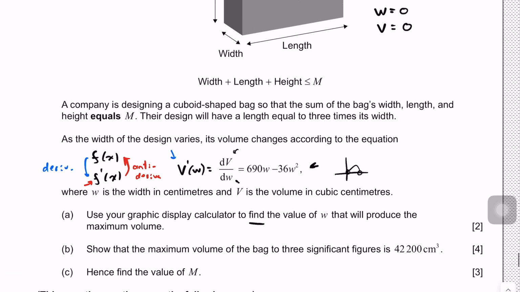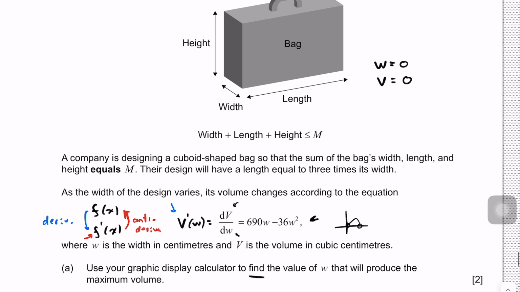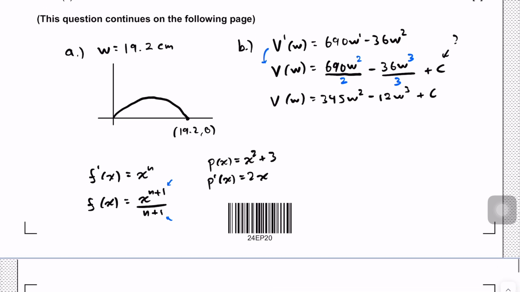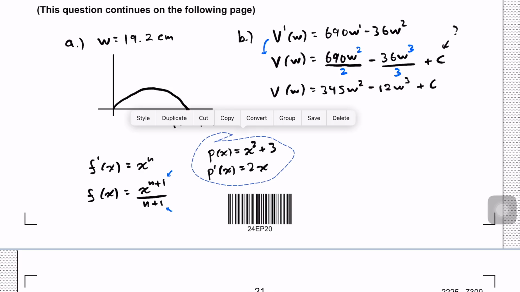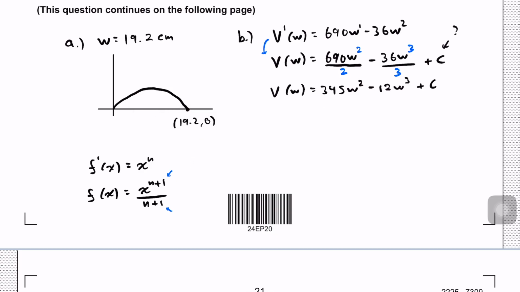So we have this combination right here. I should say plane as in ordinary. Okay. Let me erase this. Okay. So we do have volume. When volume is equal to 0, width is equal to 0.